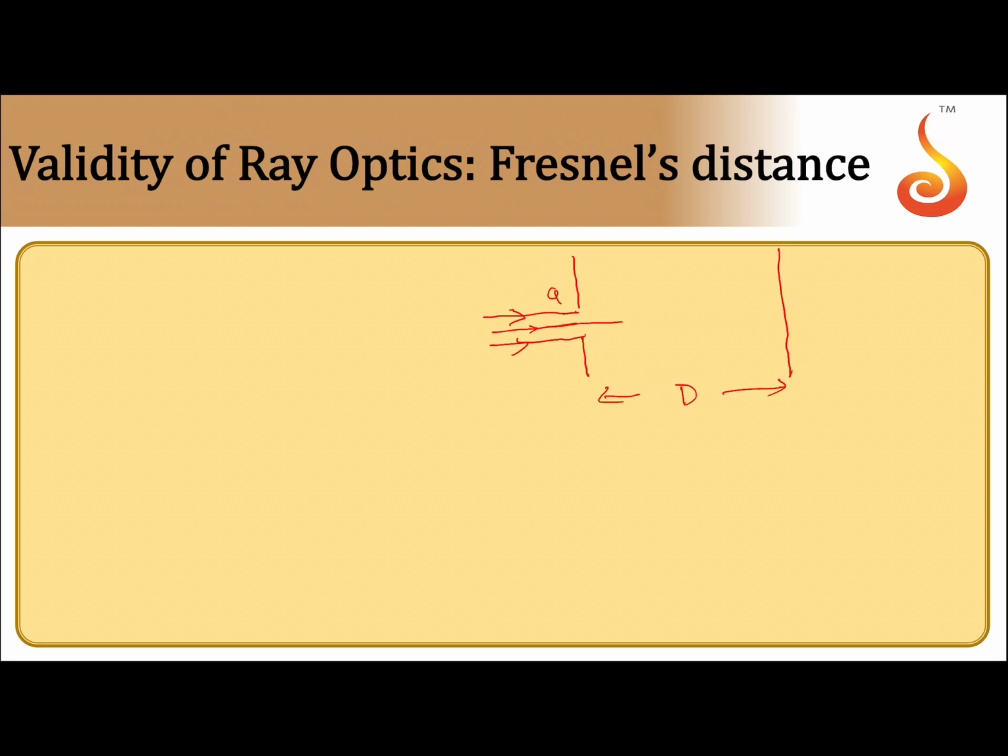Suppose you consider the angle of diffraction corresponding to the first minima. This is the undeviated path, and let us say this beam goes to this particular point. Let us say this is theta.